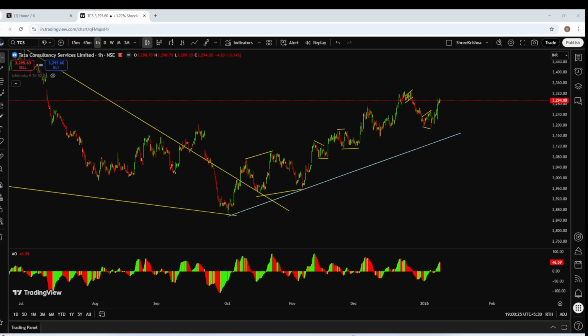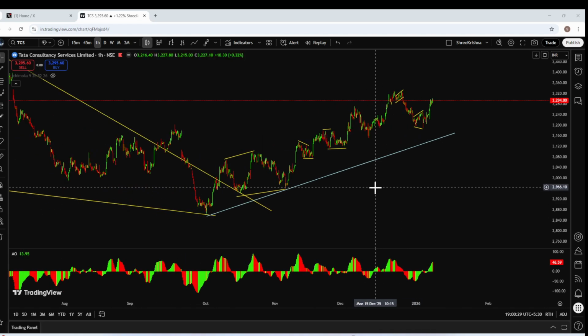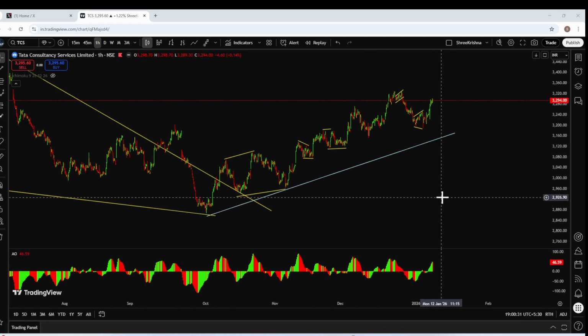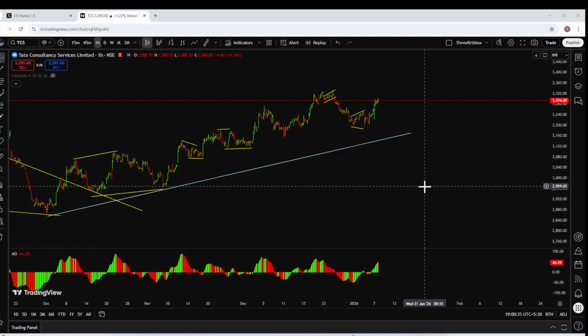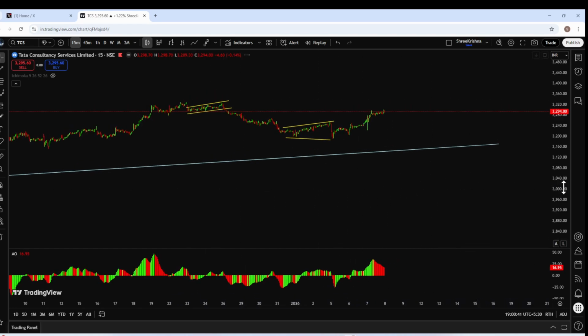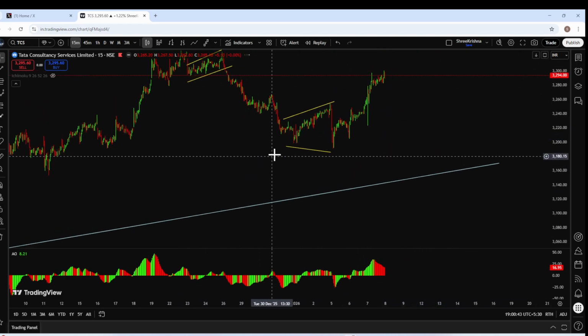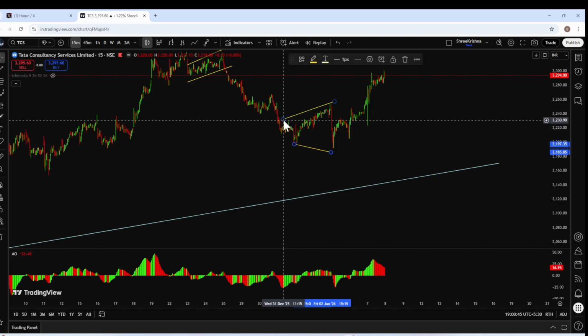So the advantage of knowing patterns, knowing wave theory, knowing indicators and how to use them, will give you a lot of advantage in the trading arsenal. Suppose when we go to 15 minutes, I am really looking at this as it should come down.